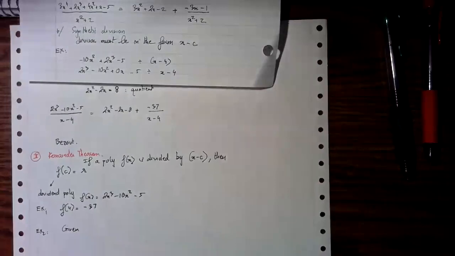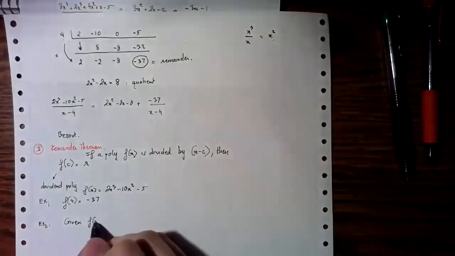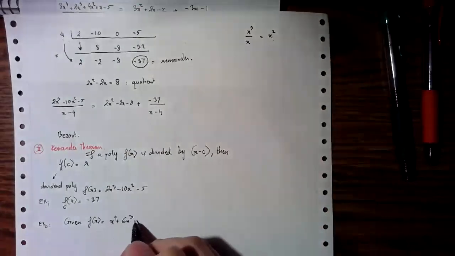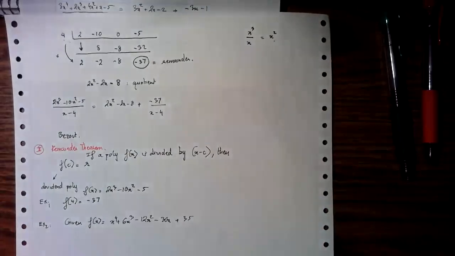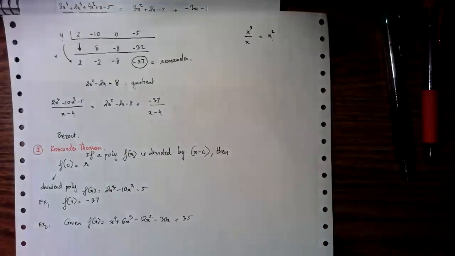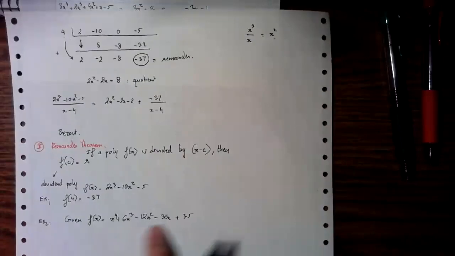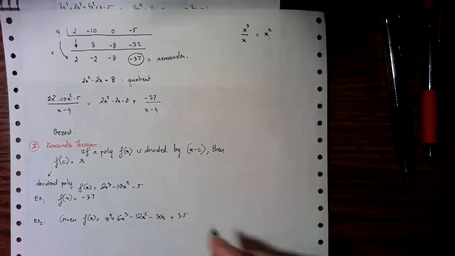Given f(x) equal to x to the 4th plus 6x to the third minus 12x squared minus 30x plus 35. It looks like our dividend is in full standard form. It does not miss any term in between.